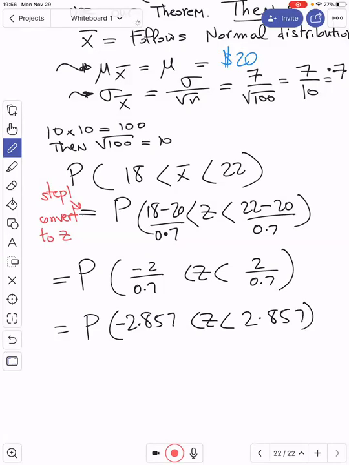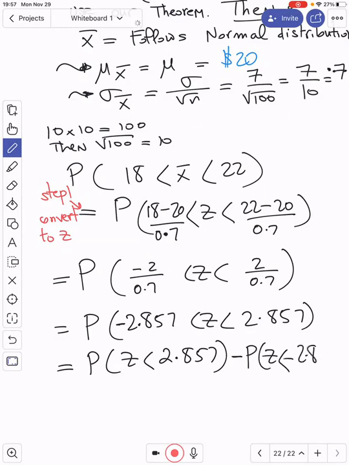Okay, and now, again, this is Z between two numbers, so that's the probability that Z is less than the second number, the largest number, which is +2.857, minus the probability that Z is less than the first one, -2.857.